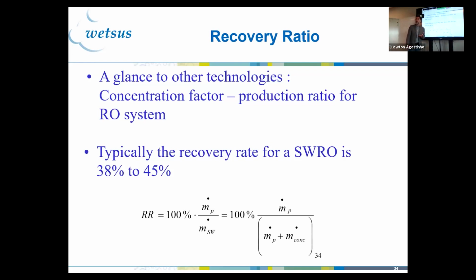So your recovery is basically how much treated water you recover, based on the total amount of water that you put in. So if you put in 100, and you get back 80, then you have an 80% recovery rate. So 80% of everything you put in your desalination plant becomes potable water, becomes usable water.